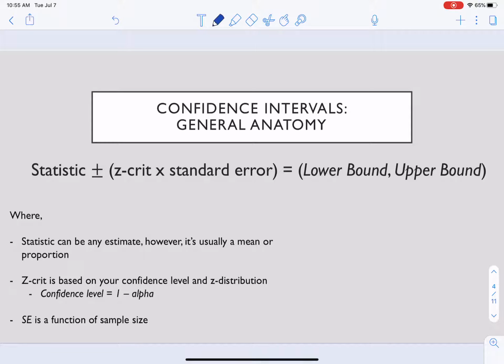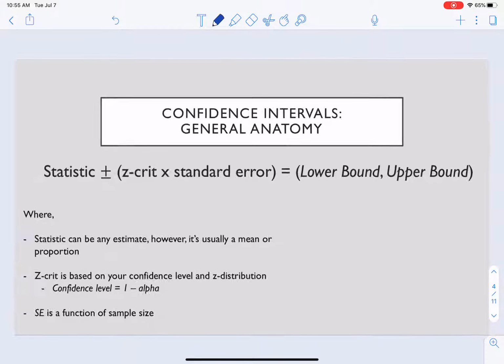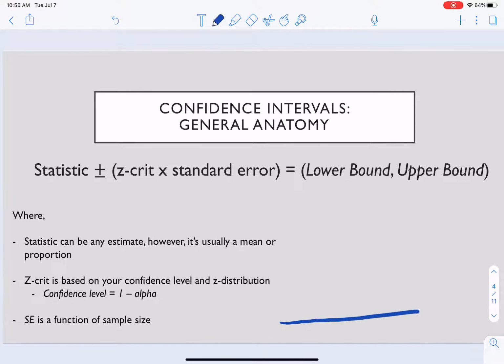And then this idea of standard error goes back to the central limit theorem, where we can assume that our proportion or our sample mean or whatever comes from a distribution that looks like this. And we know that if we have a high sample size, we get closer and closer to the population. That means that our error, the average distance away from the population, is going to be low.